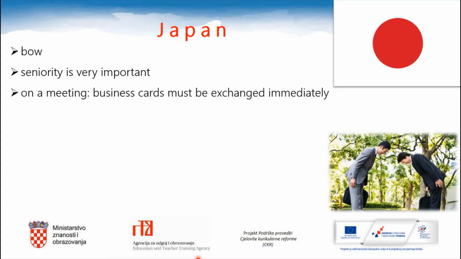On a meeting, business cards must be exchanged immediately. But there is a whole set of rules about how to do this. When you're giving your card to a person who is in a superior position, the card must be given and received with both hands. And you must take time to read it carefully and not just put it in your pocket.